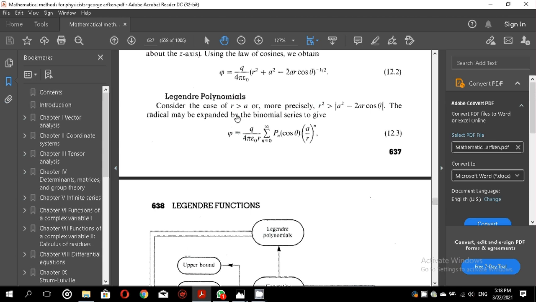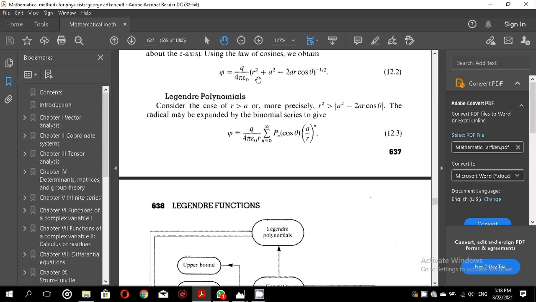So this is the cosine law which has been used here for writing the value of 1 over r. So this is r square plus a square minus 2ar cos theta, power minus half.